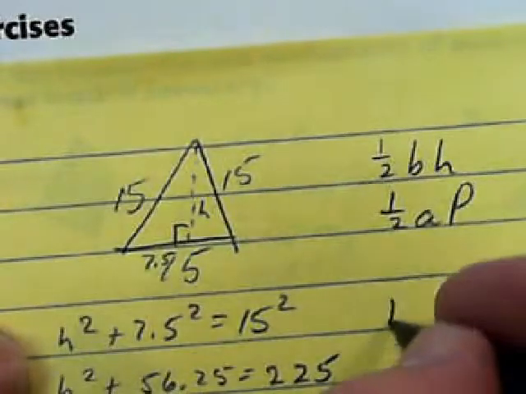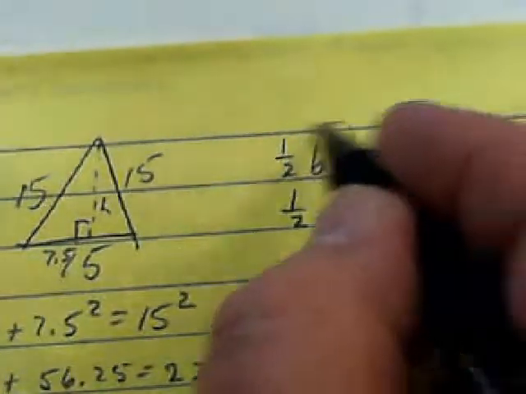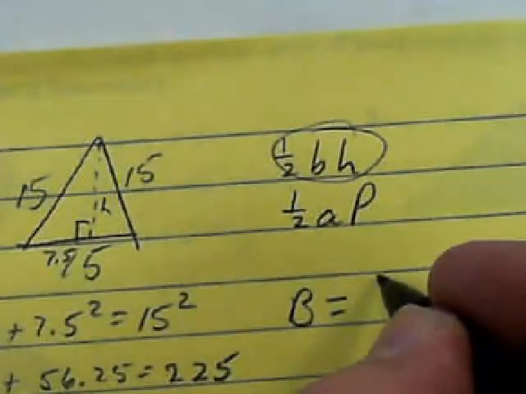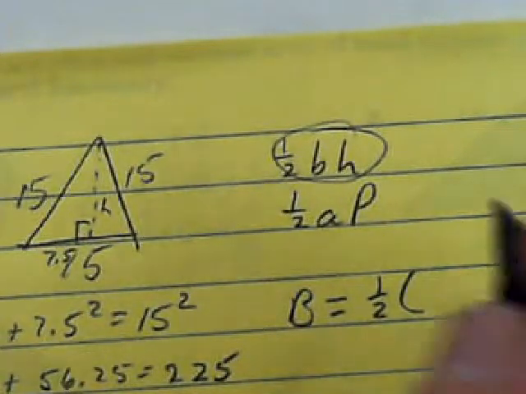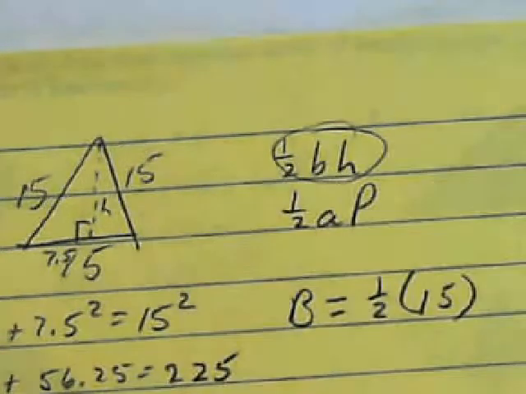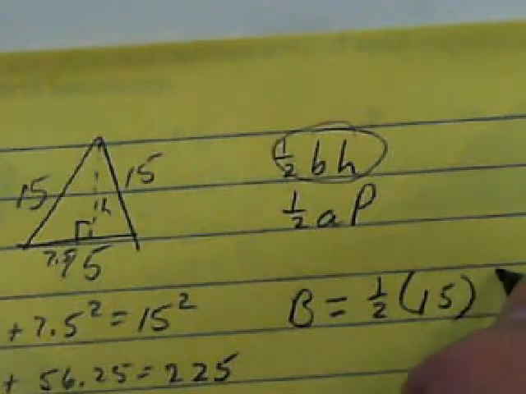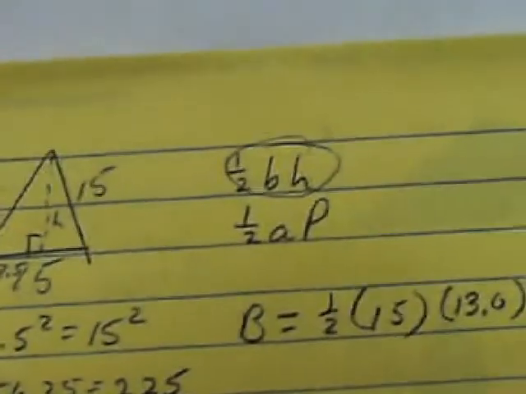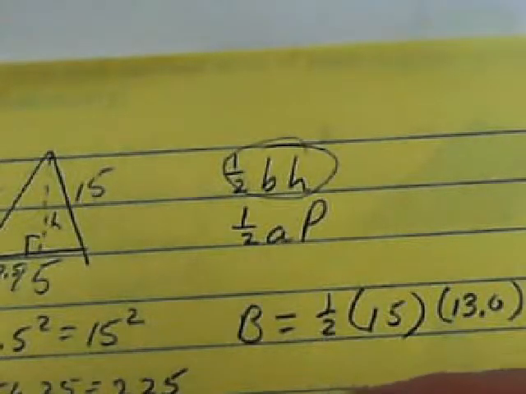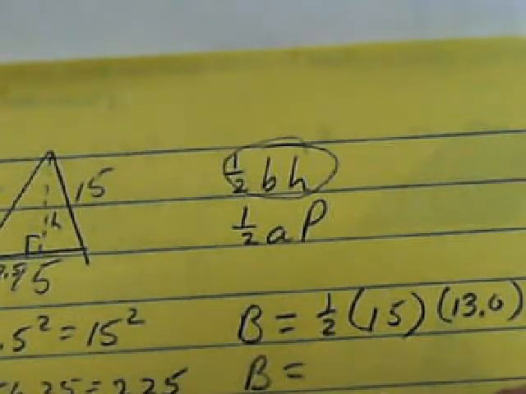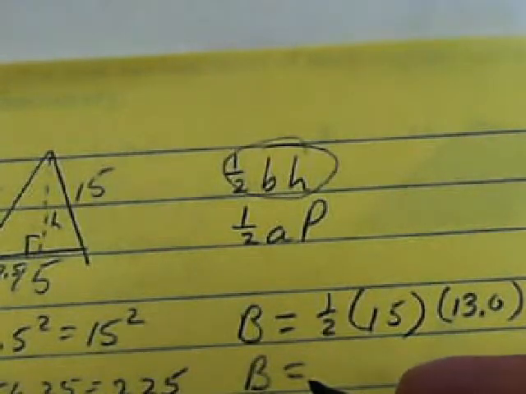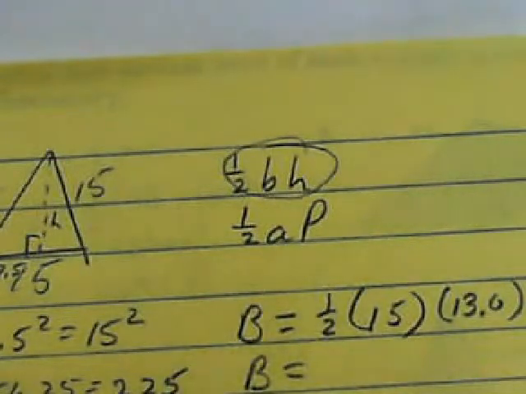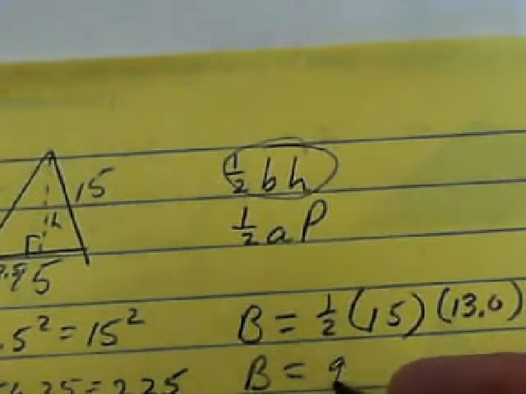So to find the base area of this particular one, if I'm using 1/2 BH, I'd have 1/2 times 15 divided by 2 times 13. Because that's the height that's here. So what's 1/2 times 15 times 13? 97.5.